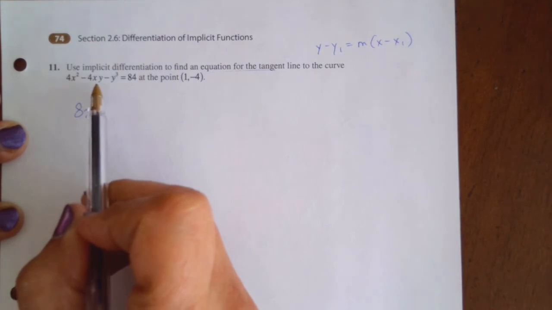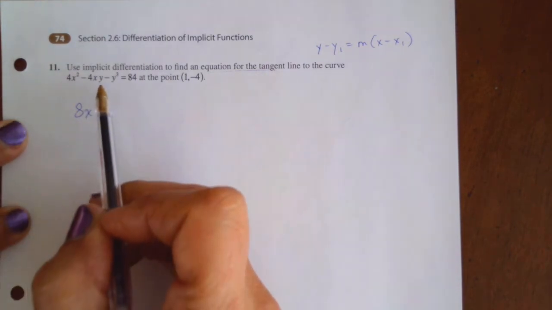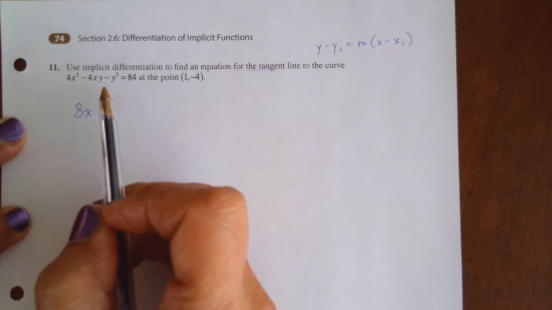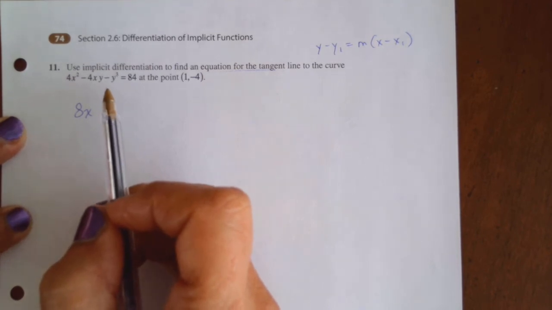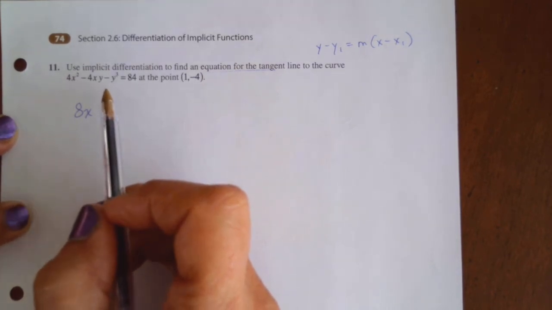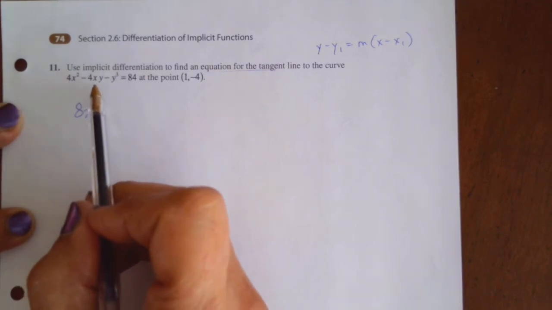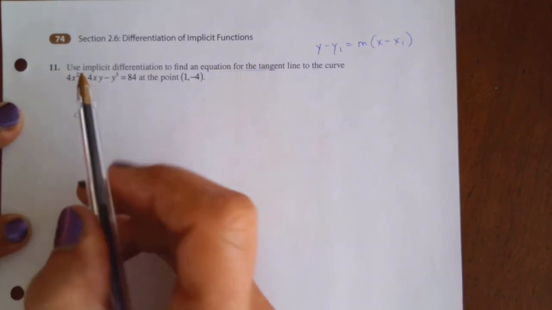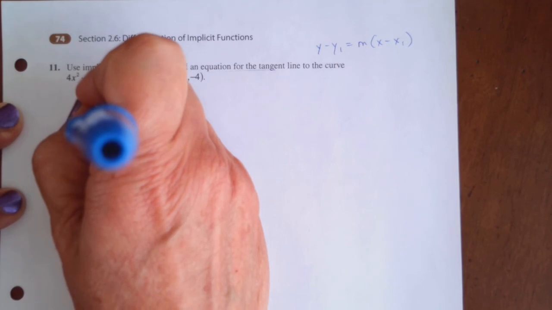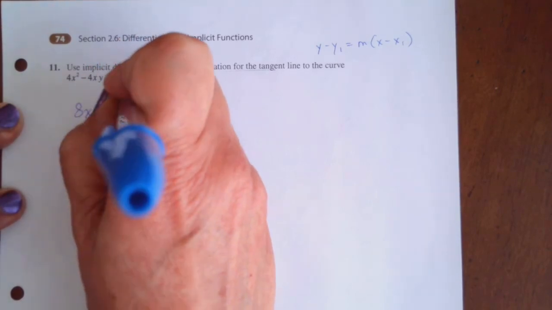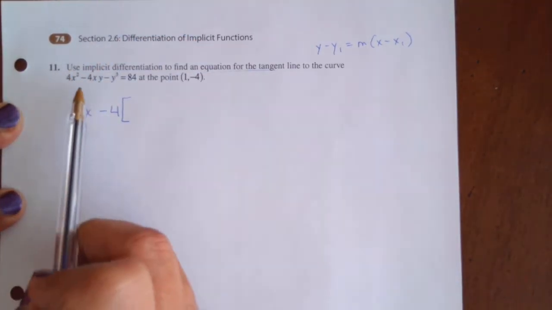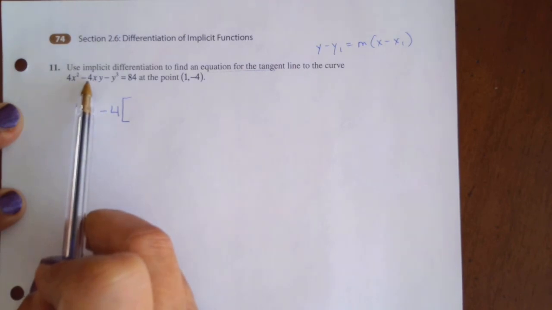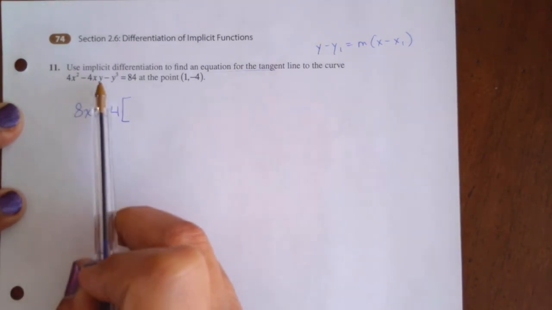This is a product rule. You can do it any way you want to. I like to leave the negative 4 out front and then just do the derivative of xy. That's the constant, negative 4, so it makes it easier.